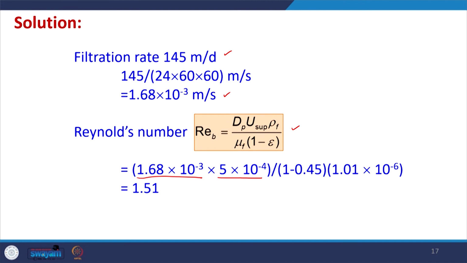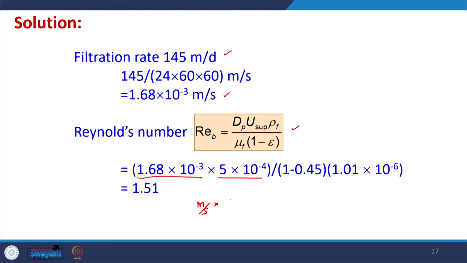One more thing that we should always do while solving any problem: the units must always be taken care of. Here I have not written them, but they must be taken care of, like 1.68 meter per second. We should always write the units along with the numeric values. Similarly, for superficial velocity the unit has been given.